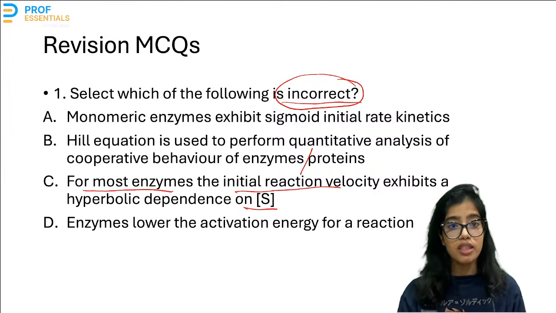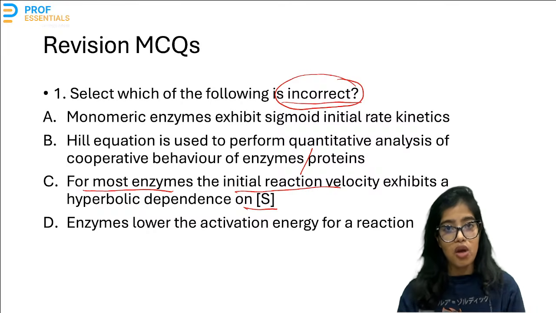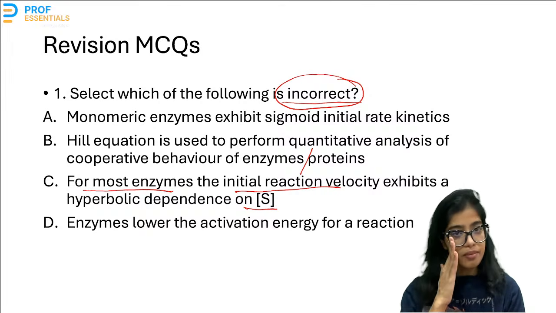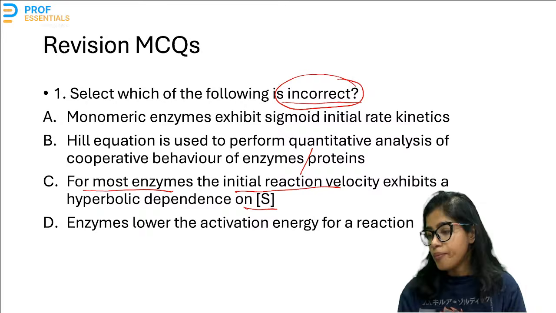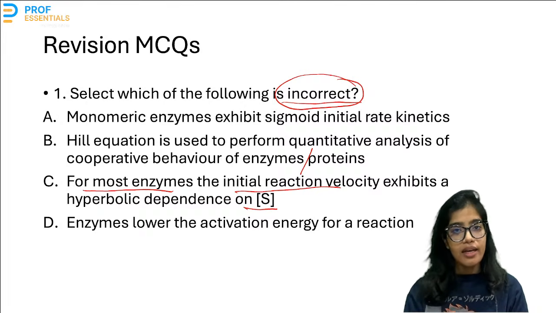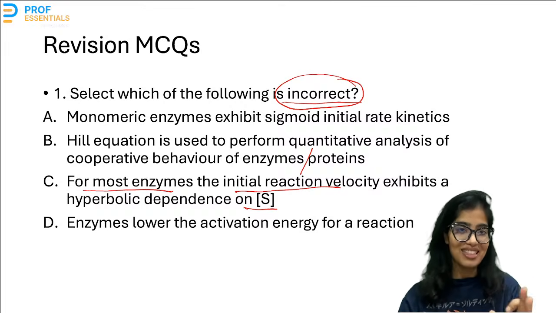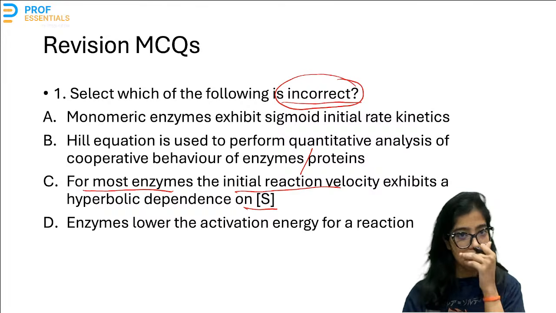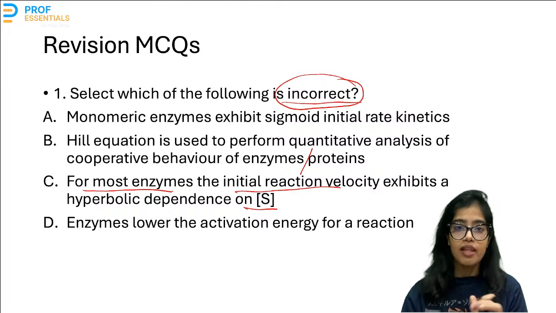So focus on the keywords. Enzymes lower the activation energy for a reaction. Now, out of all these, I think D is the most straightforward. So let me know which is the incorrect option, that you have to select. Which is the correct answer out of all these options? Let me know.